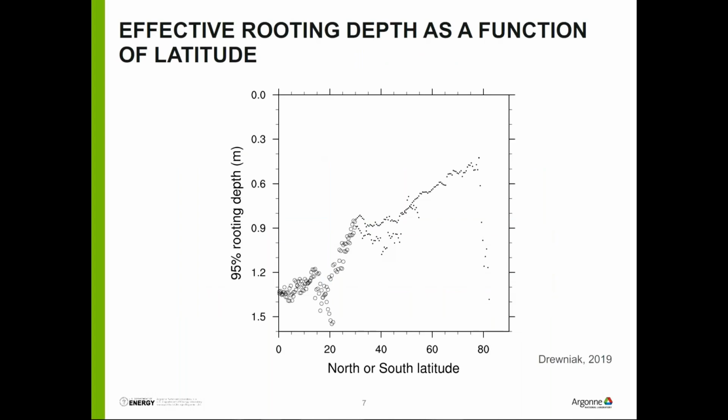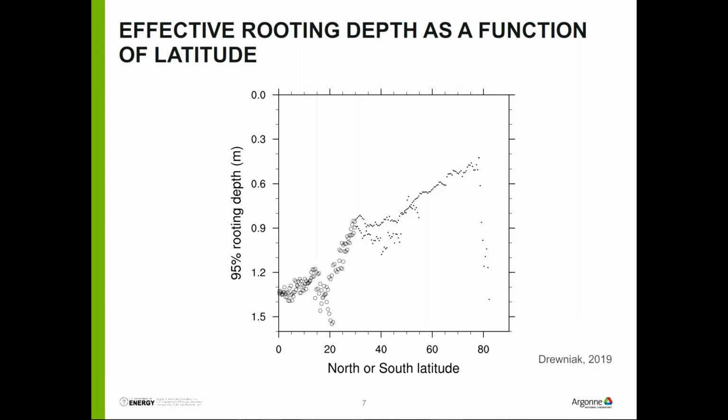And so before I go into what the impacts of this are, I wanted to show you a little bit of what it does to the actual rooting depth or the root distribution. So this is one figure that shows the effective rooting depth as a function of latitude. What I'm calling effective rooting depth is the soil depth above which 95% of the rooting mass exists.